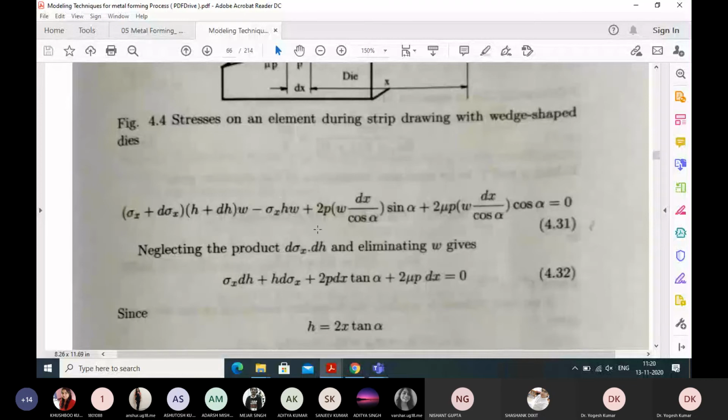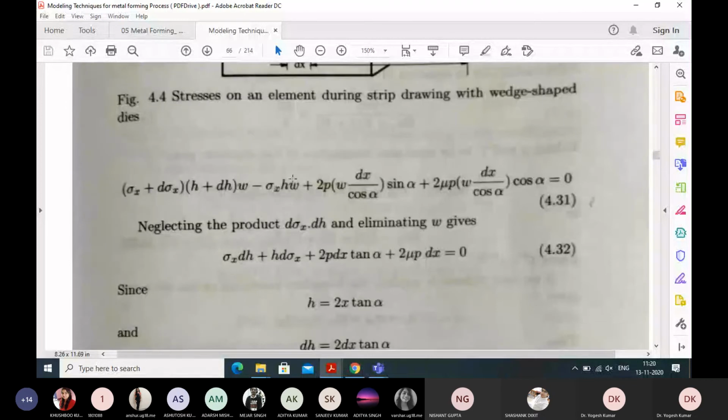Okay, so what we are doing in the next step, we are doing sigma x into h. This will be cancelled out, and there will be one small term d sigma x multiplied by dh. Also we have eliminated w, because w is common in the whole equation. And d sigma into dh will be a very small term, because both d sigma and dh are small quantities. So we have neglected the multiplication of this term for simplification.